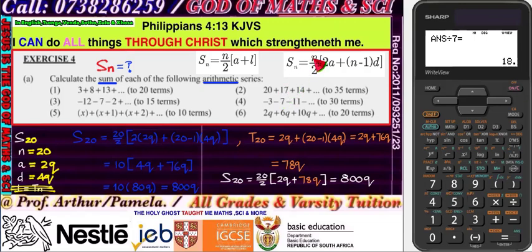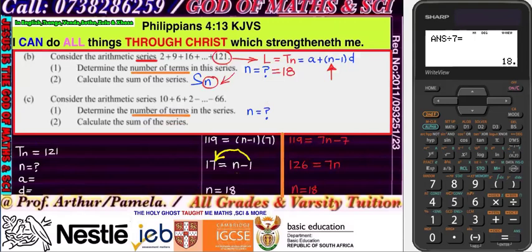You can put n as 18, A was 2, D is 7, you work it out and get an answer. Or take the other one, put A, the last term, and n, and you get the answer. So I'm going to go with this one. No need to go crazy.